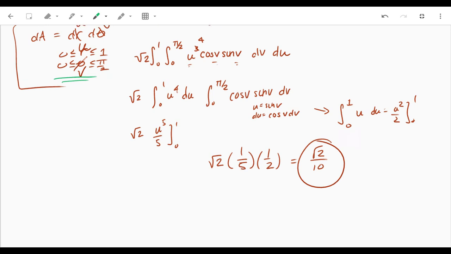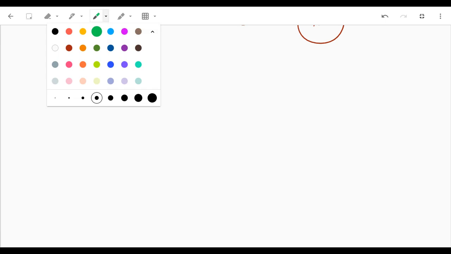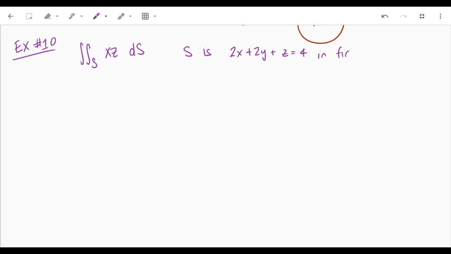Okay. All right, we're going to do another example. And this one, like I said, is going to use the other format. This is exercise 10 in your book. Okay, and we're going to do the surface integral of xz dS, where S is the surface 2x plus 2y plus z equals 4 in the first octant. So that's a plane, okay?